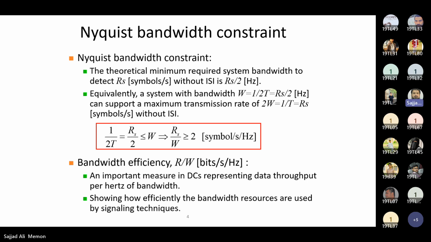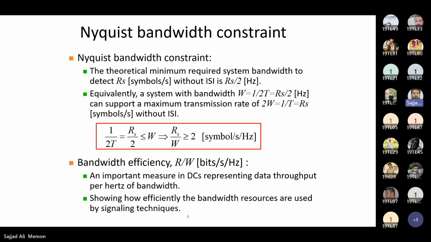So symbols per second, like if we use BPSK, then the symbols per second will be the same as the bits per second. So it's like 8,000 samples per second, and 8,000 samples will be transmitted with 256 quantization levels.